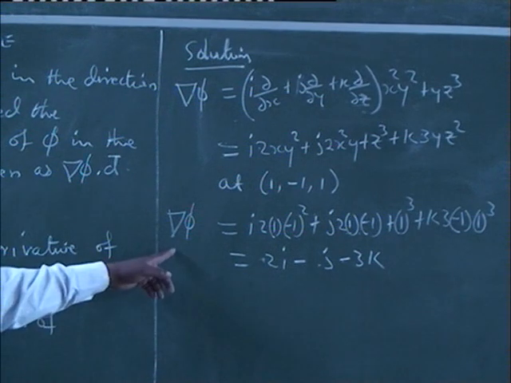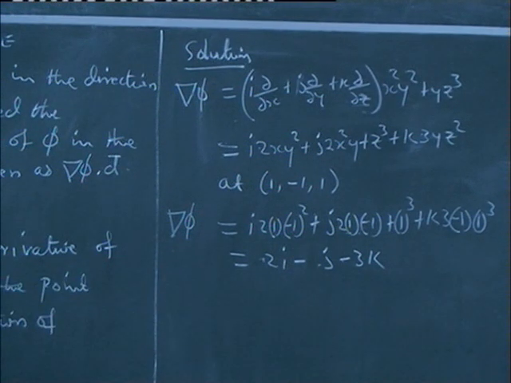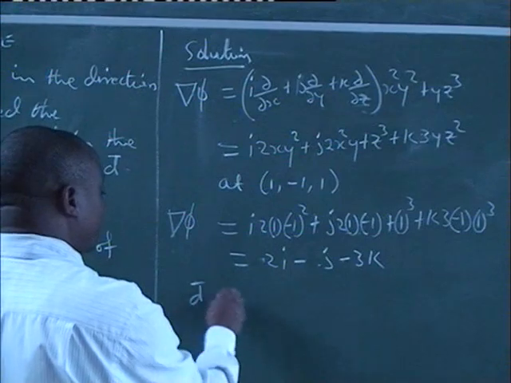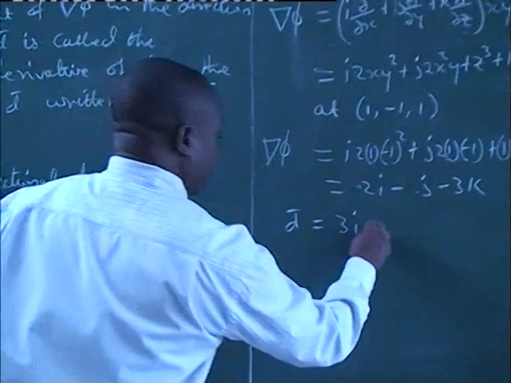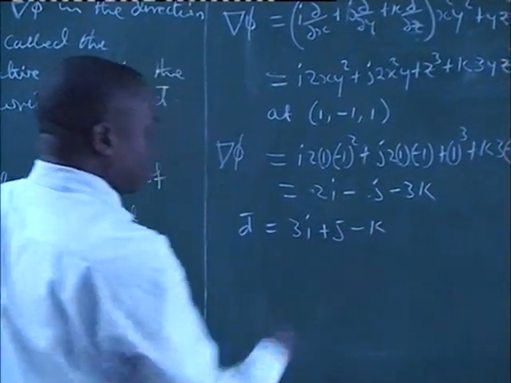That is the del phi. Now we know that vector d was given to be 3i plus j minus k.